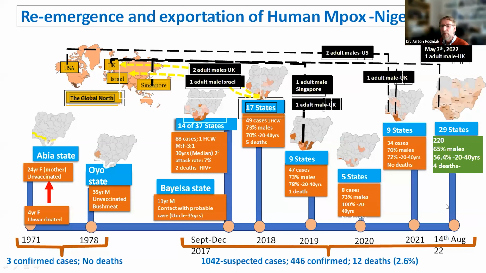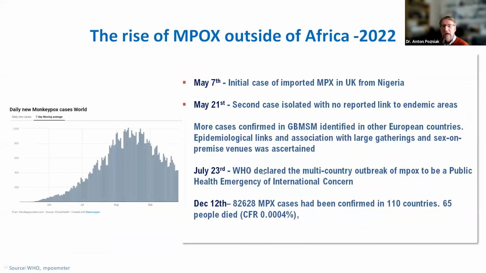And then what happened was in 2022, we can see that people started to travel, and there were cases reported, especially in the UK. But now something different happened. The initial case came imported in the UK from Nigeria in May. And then 2 weeks later, there was a second case, but they had no link to anybody from an endemic area.